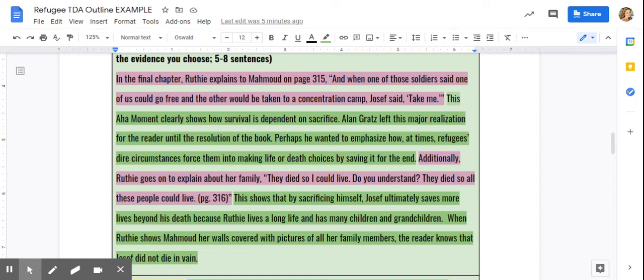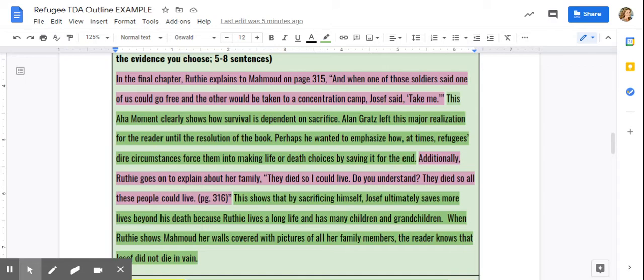They died so all these people could live. And then I put my period, but before I put the end quotes, I put the page number in parentheses. That's the other way to cite evidence. You can do it before the quote, like in the first piece of evidence, or you can put it at the end of the quote, like the second one. But make sure that your period comes first, then your parentheses, and then the quote.